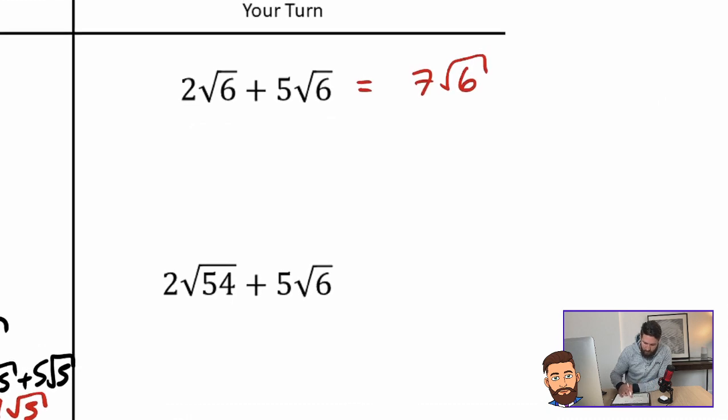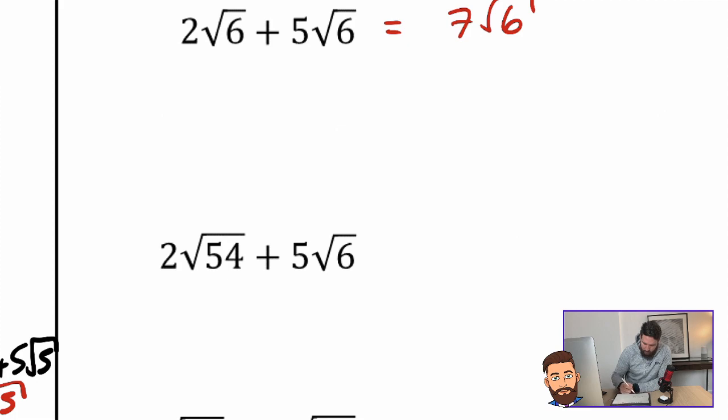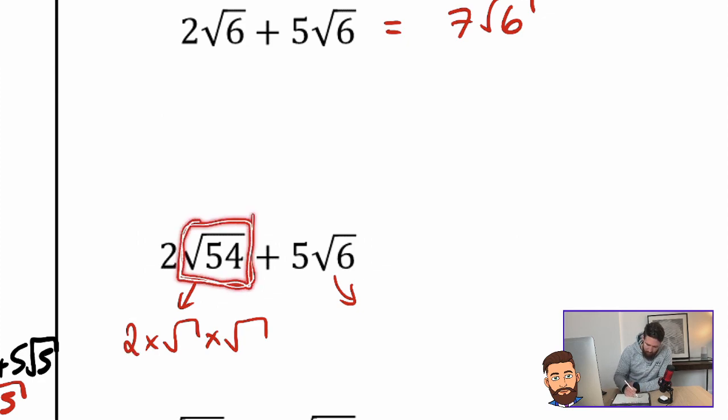Okay, and then focusing on the next one. Root 6 cannot be simplified anymore, but we definitely could look at, can we simplify root 54? So we're going to break it down. We've got 2 times root times another root, because we need 2 times together with a square number, which is going to be, if you think about your square numbers, what goes into 54, 9 and 6.